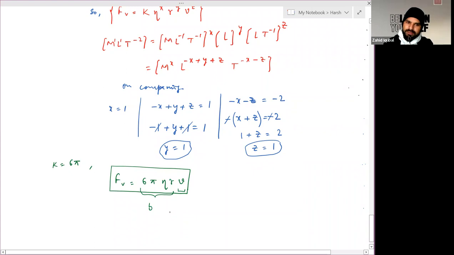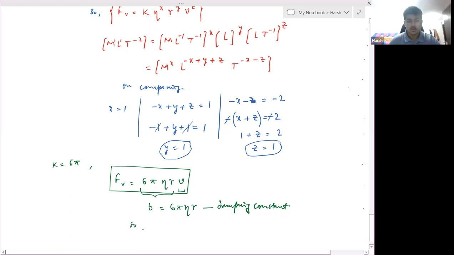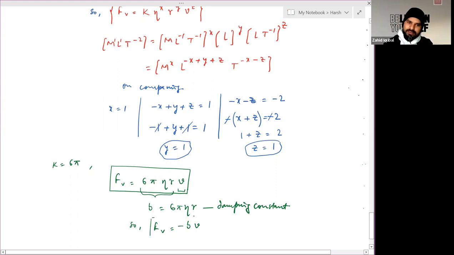This B is 6 pi eta times R, which is also called the damping constant or damping factor, the factor which causes opposition to the object. So we can write viscous force equals B times V. And since this force is opposing in nature, it will have a negative sign with it.